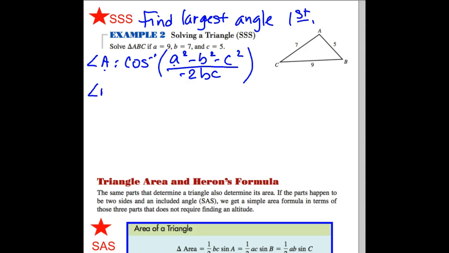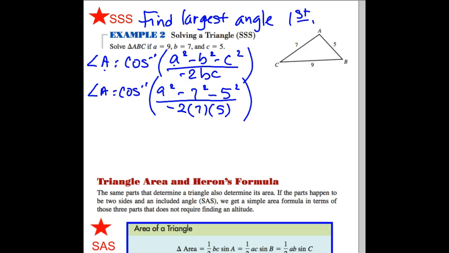All right, so angle A will be the inverse cosine of 9 squared minus 7 squared minus 5 squared divided by negative 2 times 7 times 5.